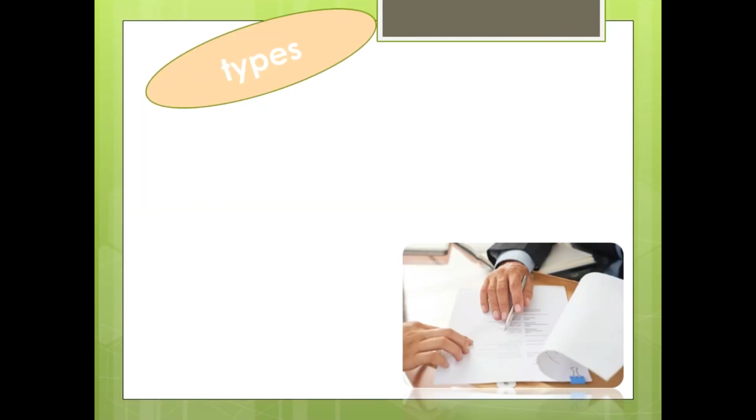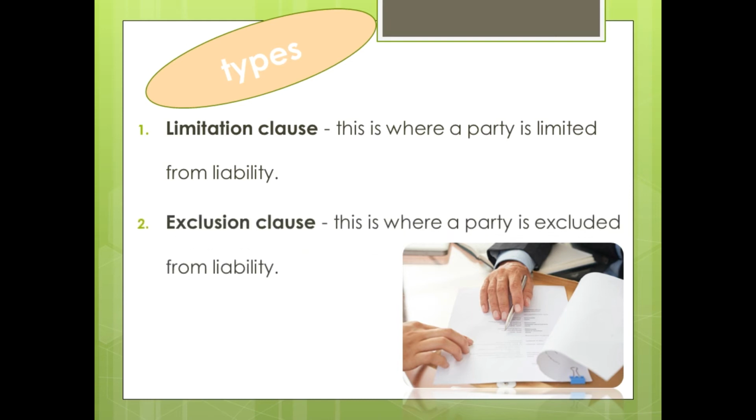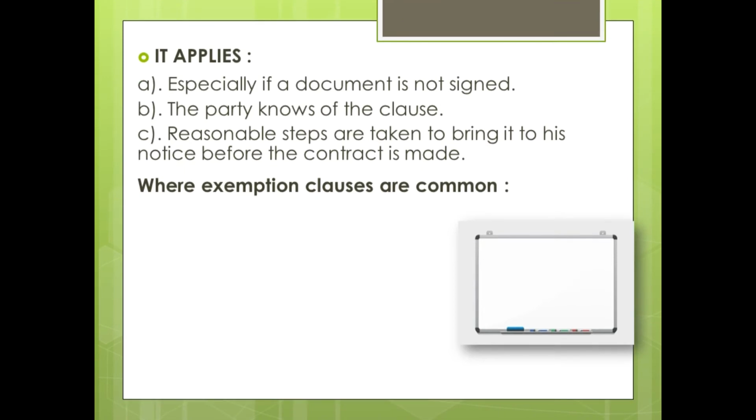We have types of exemption clauses. The first one is the limitation clause. This is where a party is limited from liability. And then we have the exclusion clause. This is where a party is totally excluded from liability. So these clauses apply especially if a document is not signed.